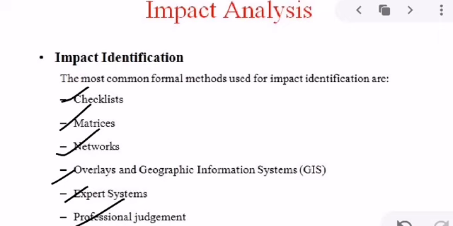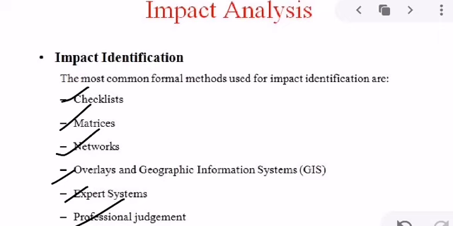According to our syllabus of environmental impact assessment CE 482, you need to study only checklist, matrices and overlays in a deep manner. Anyway, we will look into all of these impact identification methods.